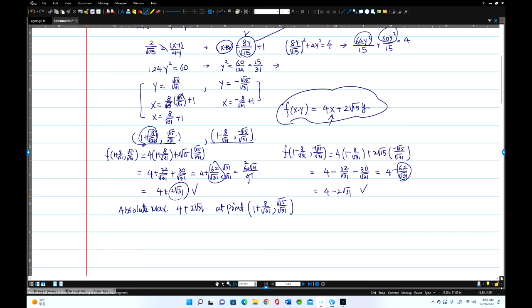This one is the absolute minimum at this point, right there, 31 and negative root 15 over square root 31. Okay, yeah, we are done.